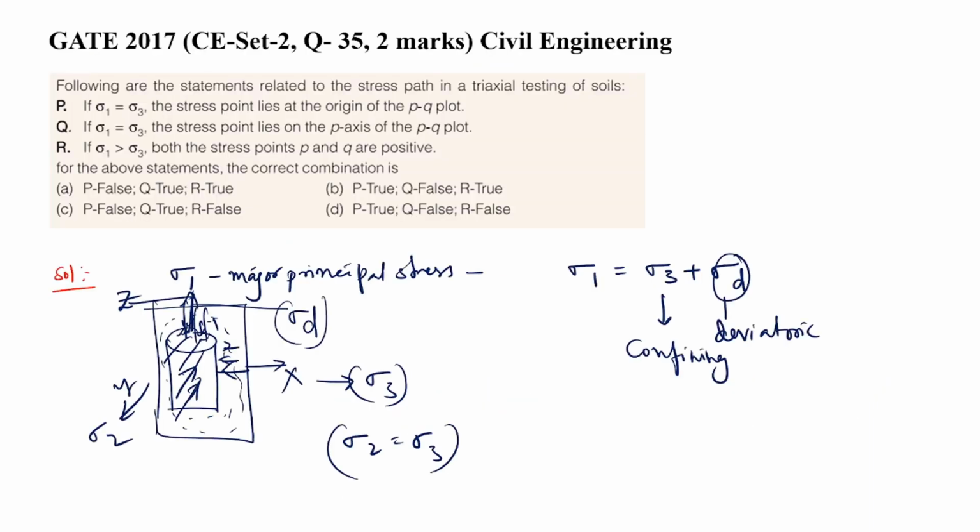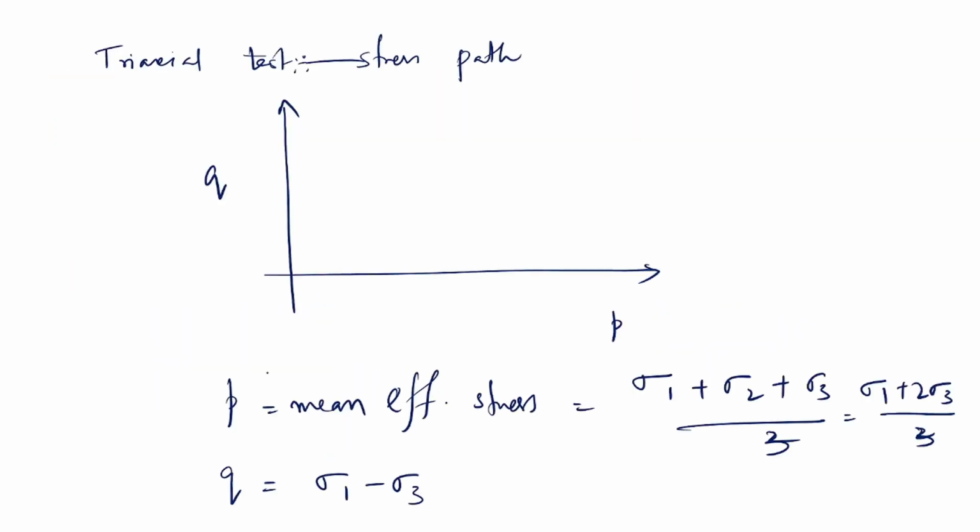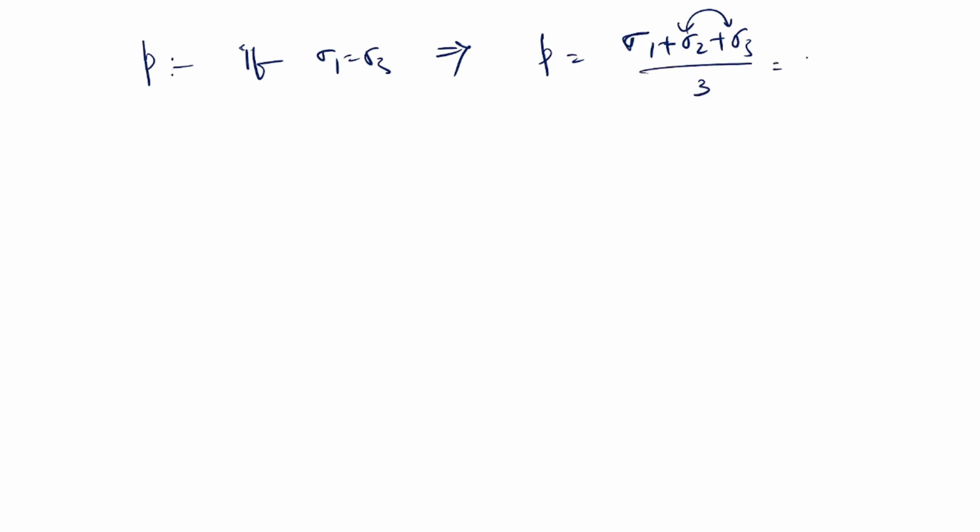Now what are the statements? If sigma 1 and sigma 3 are equal, that means sigma d is not yet applied. Then what is P? If sigma 1 equals sigma 3, P will be sigma 1 plus sigma 2 plus sigma 3 by 3. By default, these two are equal, and sigma 1 is also equal to sigma 3, so it's like 3 sigma 3 by 3, or 3 sigma 1 by 3. So it will be sigma 3.